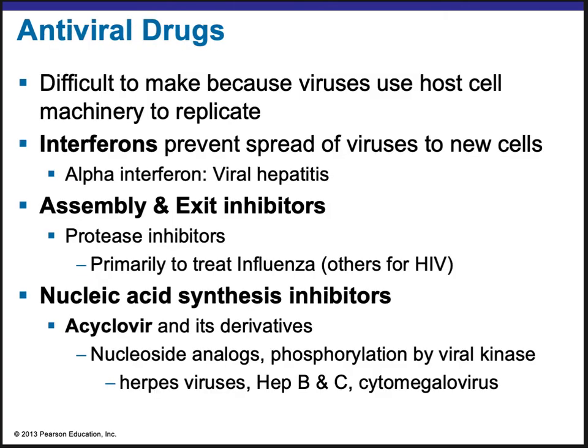Antiviral drugs. We're going to talk about a few different categories of antiviral drugs. But it's important that you know that antivirals in general don't work very well. So if someone has a serious viral infection, such as HIV, they're going to be given what we call a cocktail of antivirals that have different mechanisms of action, and that are also known to not interfere with one another.